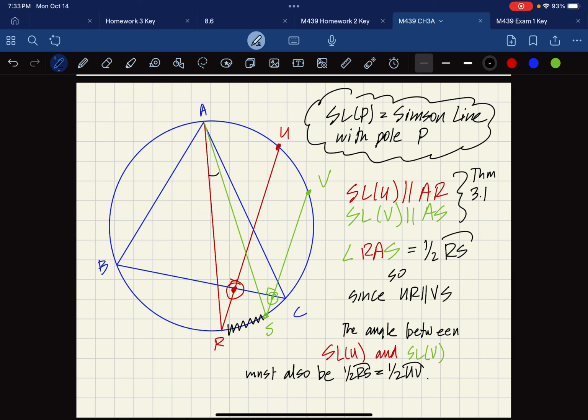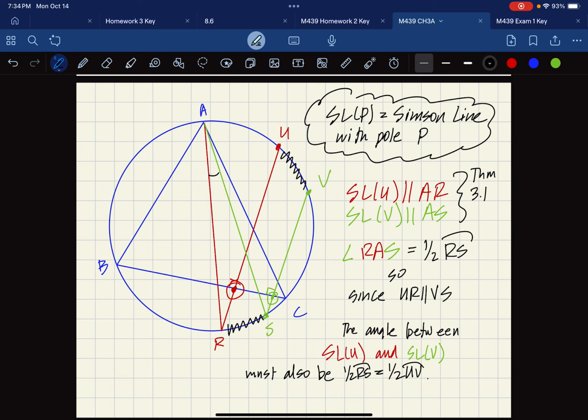And since UR is parallel to VS, we can say that the angle between SL(U) and SL(V) must also be half of RS, which is equal to half of UV as well. The idea there is that RS and UV share exactly the same arc on the circle, and that's due to the fact that UR and VS are parallel.